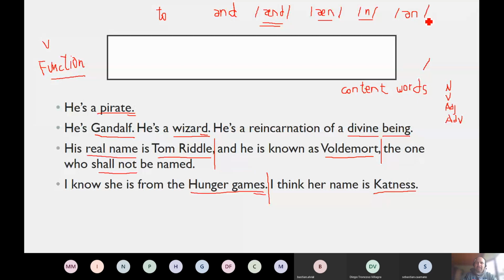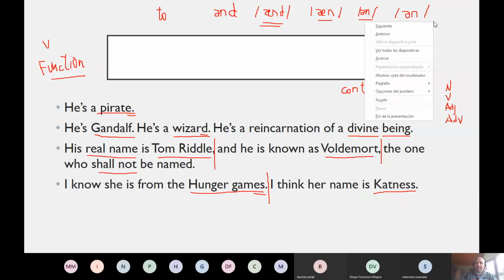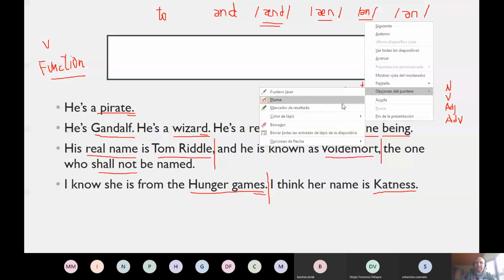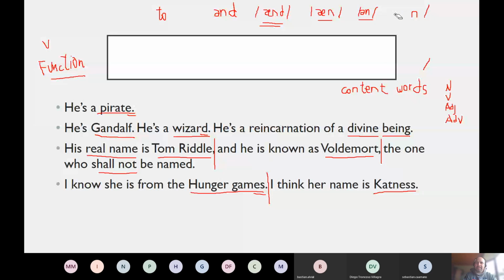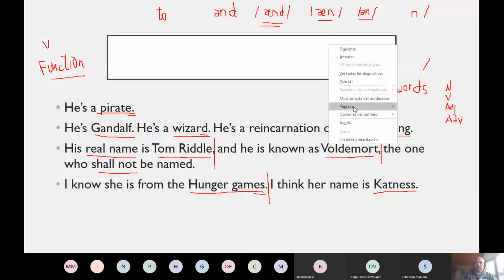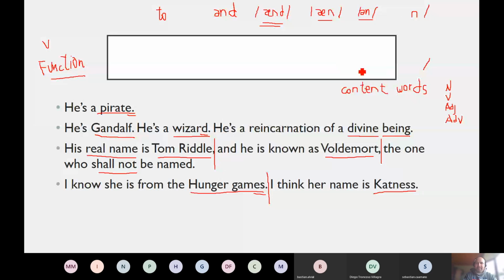So I would say that this is the next one, and I would leave the "n" on its own at the end as the most reduced one of all. Okay, so that's the impact.